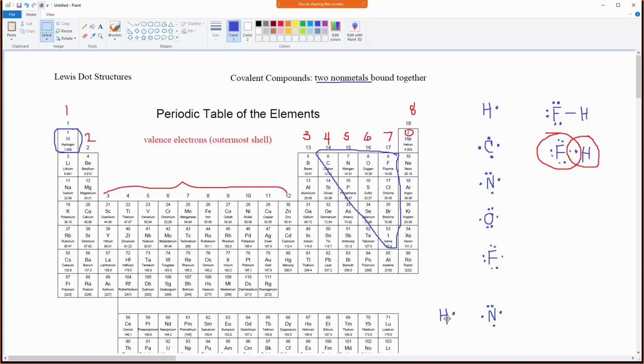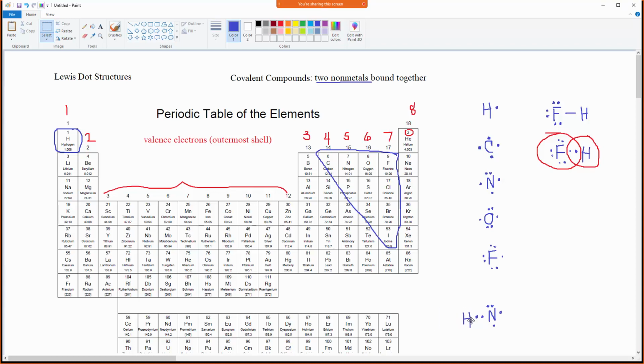And hydrogen only has enough electron to make 1 bond. So if I made a covalent compound between nitrogen and hydrogen, then how many hydrogens do you think would attach to the nitrogen there? Erica says 3. That's exactly right. There's enough space for 3 hydrogen atoms there.